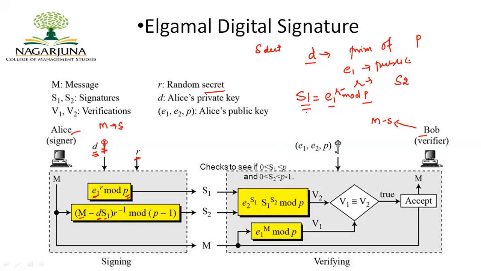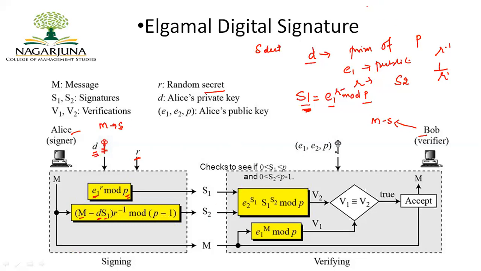S1 is already calculated, so first we calculate S1 and perform the product operation between the private key and the digital signature S1, and find the difference between the message and that product. Then altogether perform a product operation with R inverse, which can also be written as 1 divided by R, and perform a mod operation with P minus 1. That will give you S2.